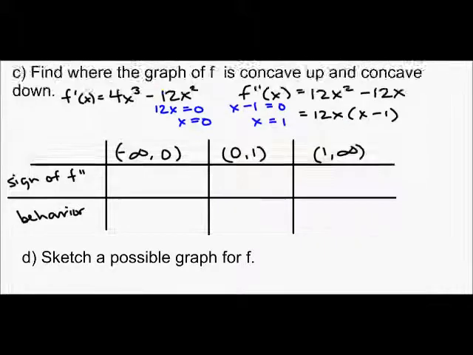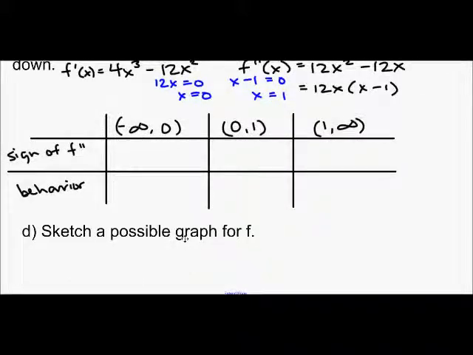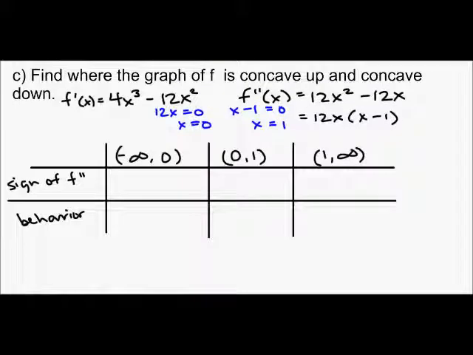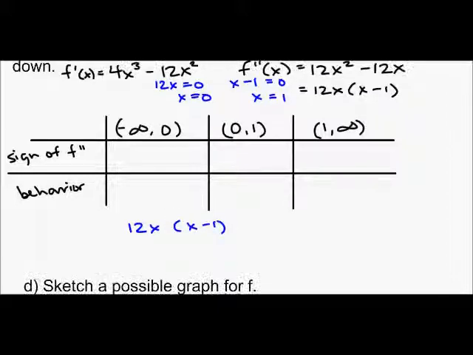Okay, so let's plug in a negative number for x in here. So I have 12x times x minus 1. If I plug in a negative 1 here, I'm going to have a negative outside and a negative inside. And negative times negative is positive. If I plug in x is 1/2, I'll have a positive outside, but a negative inside, so negative.